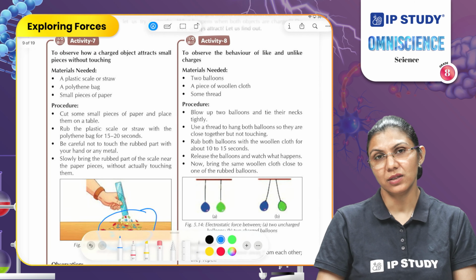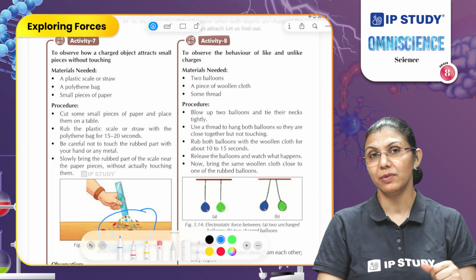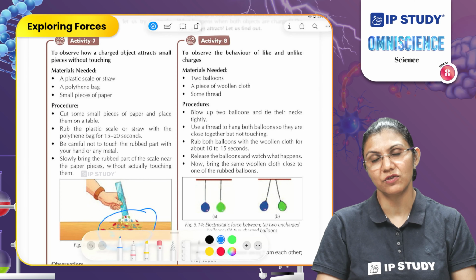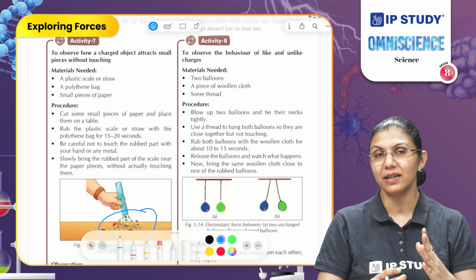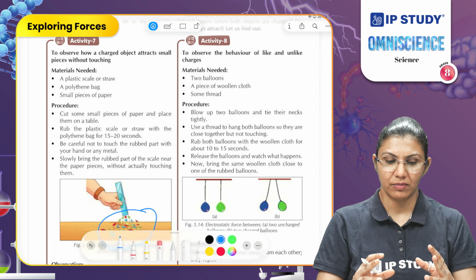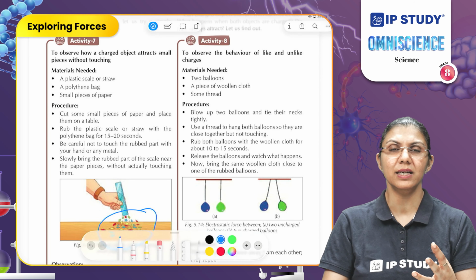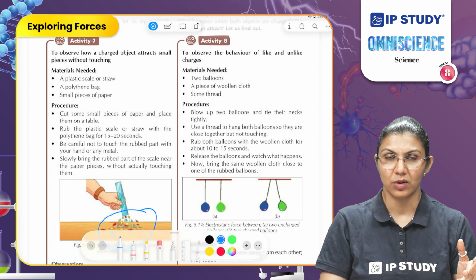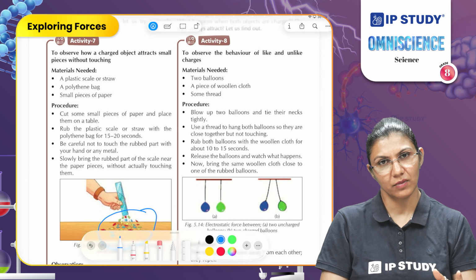Can we produce a desirable charge on any object, like the positive charge or negative charge? Yes, it is possible. For that, we can select the type of material. For example, if any glass rod or rubber balloon is rubbed with woolen cloth, negative charge is produced over the balloon.